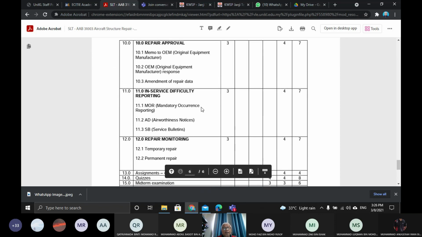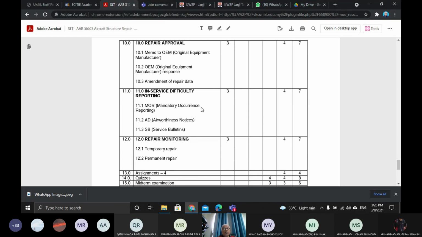And chapter 11, service difficulty reporting for the repair. If the repair needs to be controlled, we just know what we know. We may have assumed the load as we know it, and all those assumptions may not be really correct, and the defect may continue. You will not have addressed the problem properly. Then you need to monitor the repair.